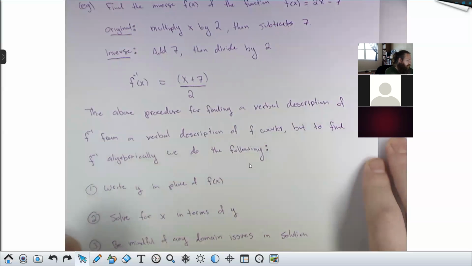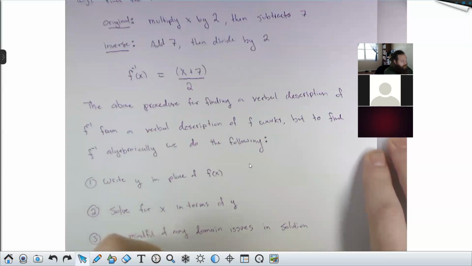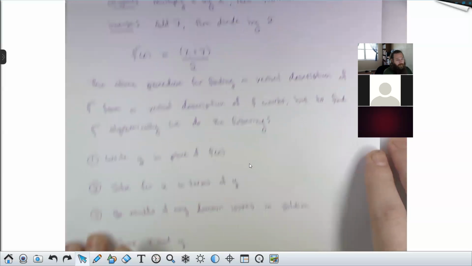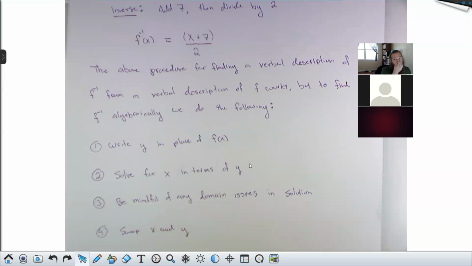And then lastly, you swap x and y. Sometimes when people teach this algorithm, they tell you to swap x and y first. Please don't do that. There's a very good reason to save swapping x and y for the end, and it has to do with restricting domains.